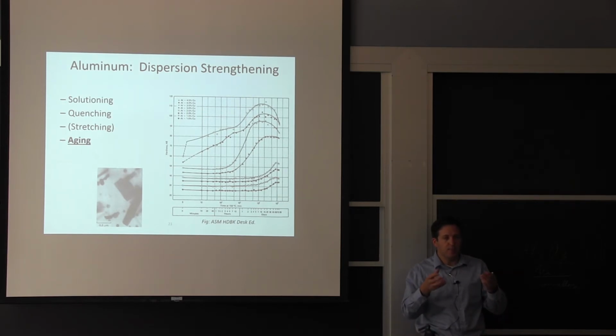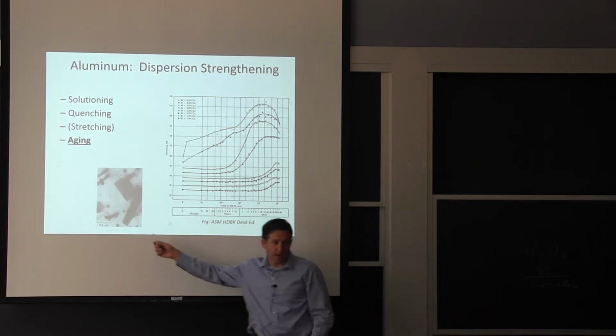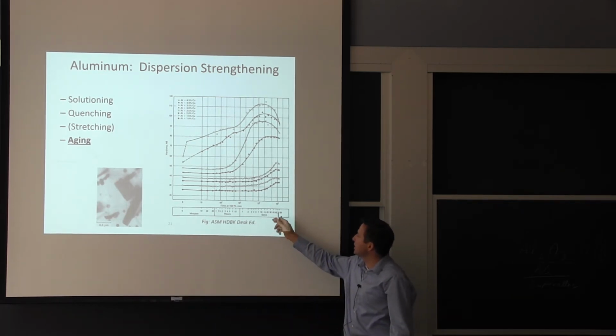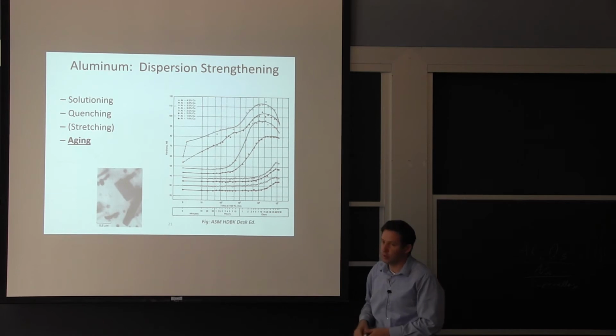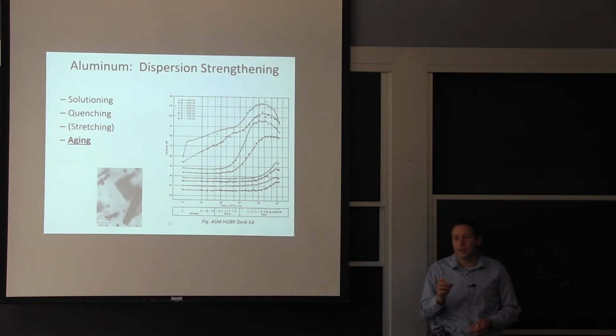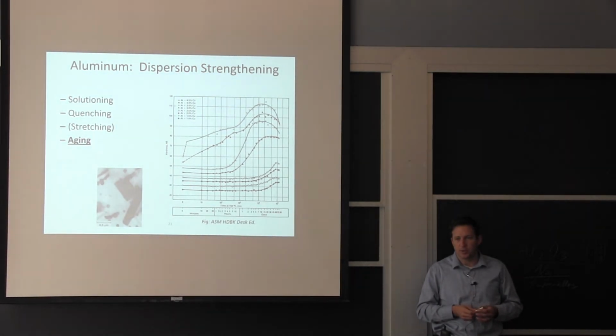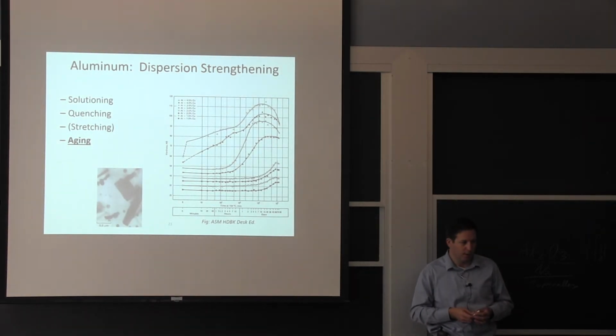So I keep a supersaturated solid at ambient temperature, and then I heat it up a little bit, and that's our aging. That's where we start forming these very fine particles, and then you decide when you stop. If you're looking at that hardness evolution, you're going to go through a peak where the dispersion is at this critical size where all of a sudden it's interacting the most with the dislocation, and that's how you get the hardening.